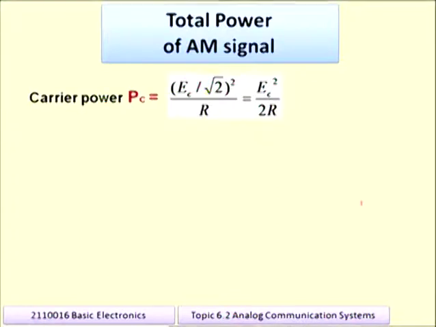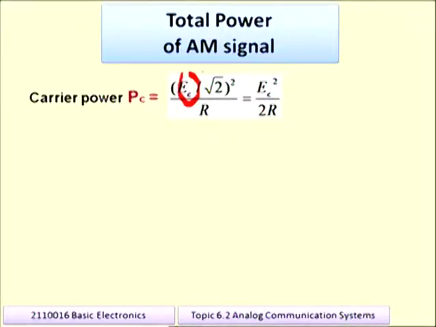Otherwise, you can say it is V squared by R if voltage and resistance are given, and if current and resistance are given, then it is I squared R. In this case, we have the peak amplitude available, but in a power calculation we require the root mean square, so the RMS value. The carrier peak amplitude Ec divided by root 2 gives us the RMS value, and its square divided by R.